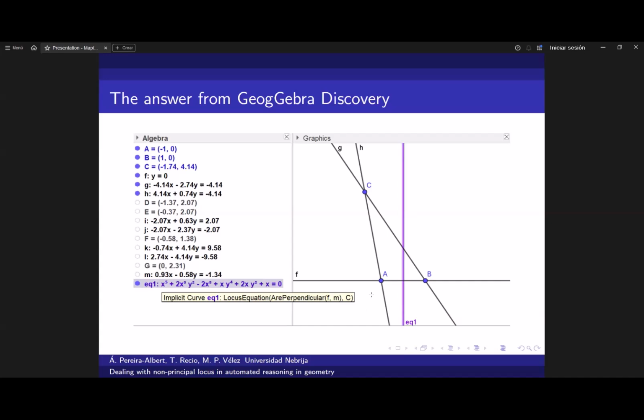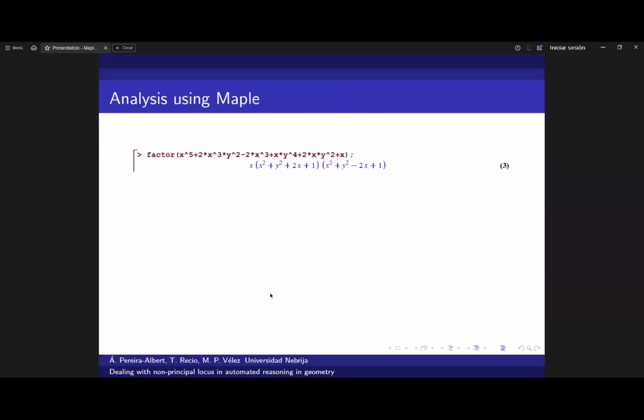The first thing we can do is copy this polynomial into Maple and factor it. We can see that the first factor is the polynomial that we were looking for. Then we get two other polynomials, each of degree 2, that represent two points.